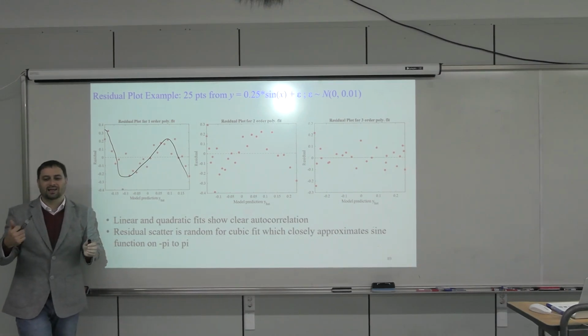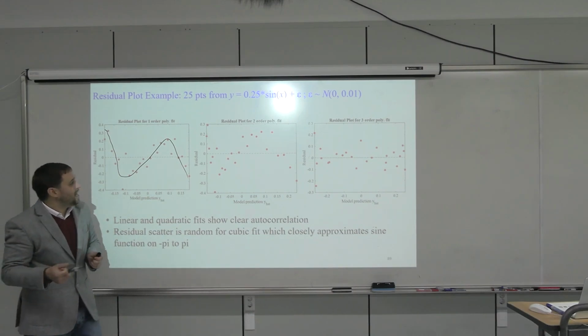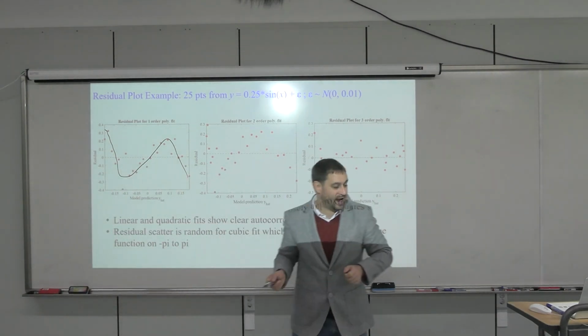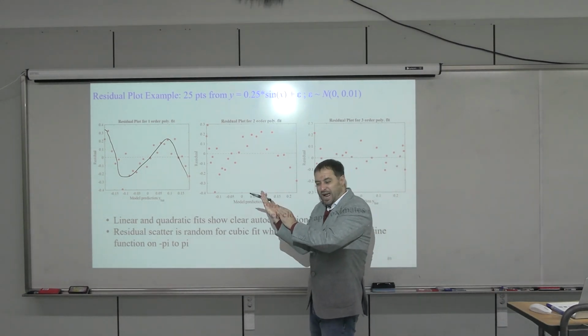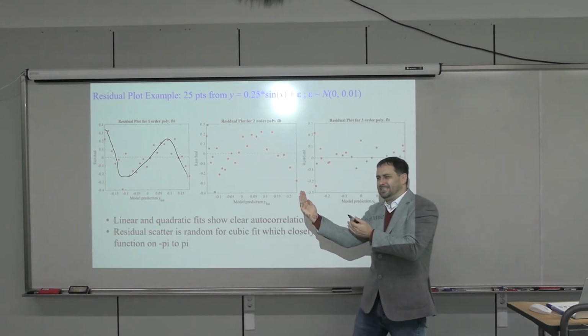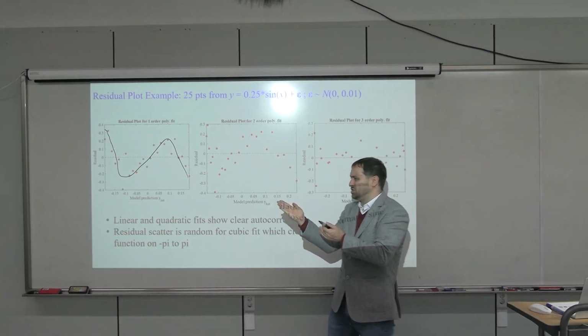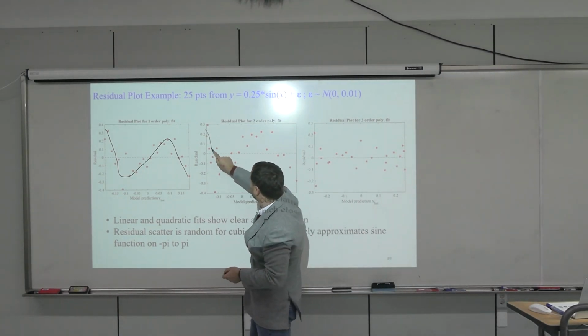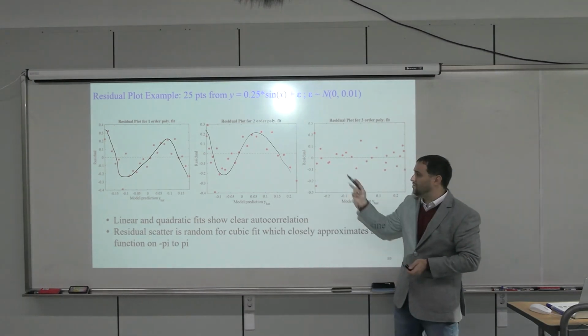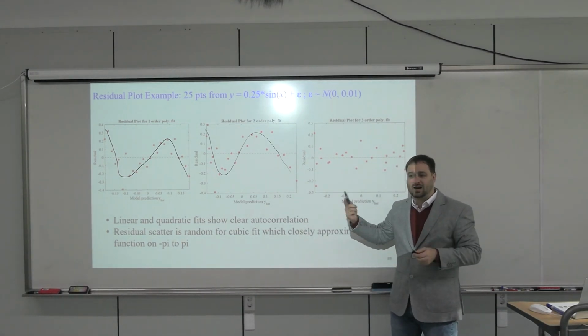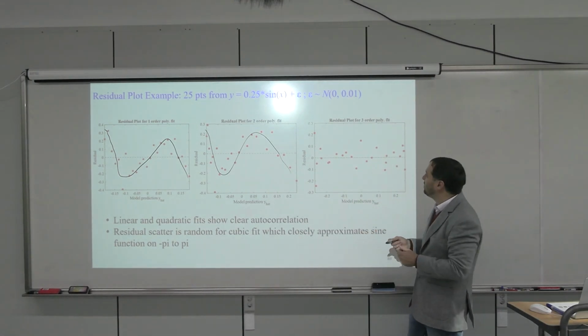It's not capturing the nonlinear behavior of our data set. With the quadratic fit itself, the convexity is very shallow. Once again, we can definitely see autocorrelation, so the second order fit probably is not capturing the true nonlinear behavior.